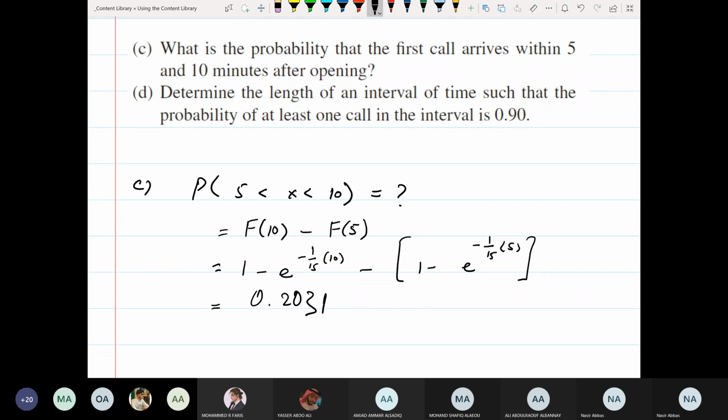Okay, now I want you to read part D. Part D says, determine the length of an interval of time such that the probability of having at least one call in that interval is 0.9. What is this question asking about?